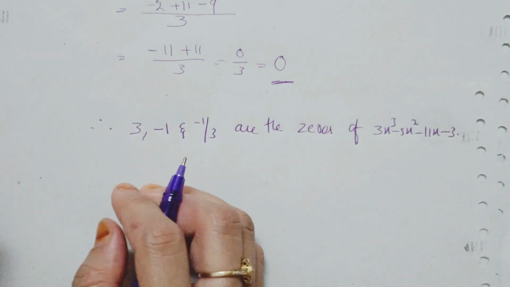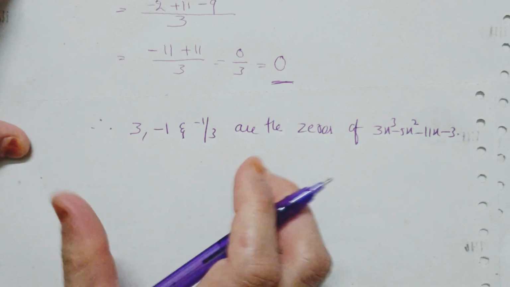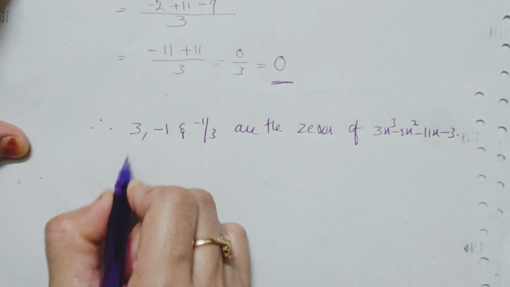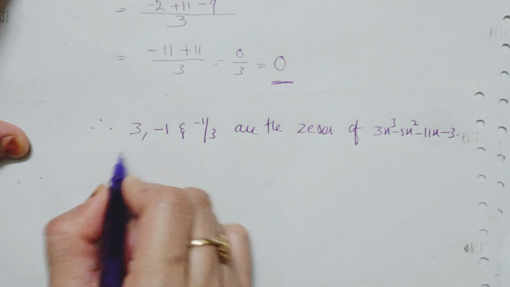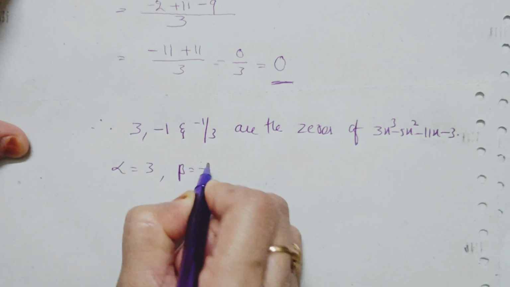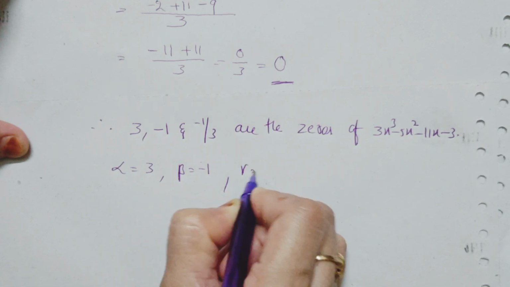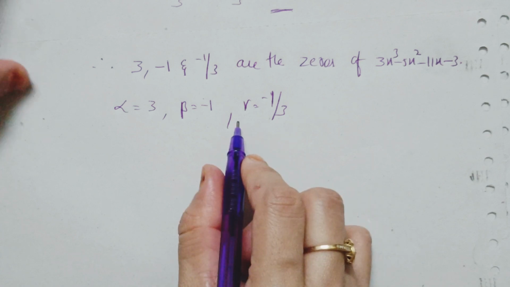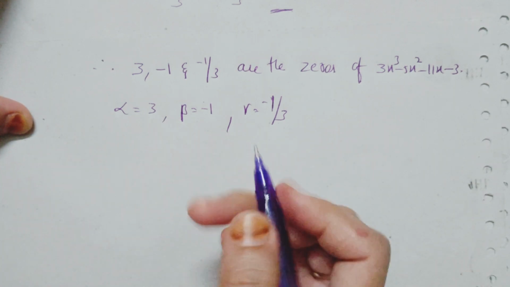Now we have to verify the relation between zeros and the coefficients. So I told you to treat it as alpha equal to 3, beta equal to minus 1 and gamma equal to minus 1 by 3. Okay, now we'll do the sum of zeros and product of zeros.